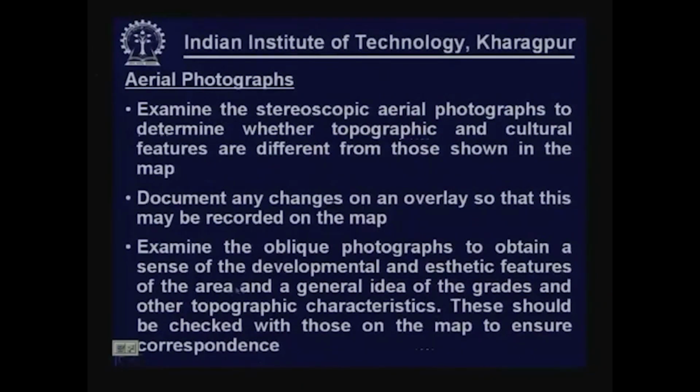We also examine the oblique photographs to obtain a sense of the development and aesthetic features of the area, and try to develop a general idea of the grades and other topographic characteristics. And obviously, all these should be checked with those on the map to ensure correspondence, because we have used topographic maps and already developed the overlays.